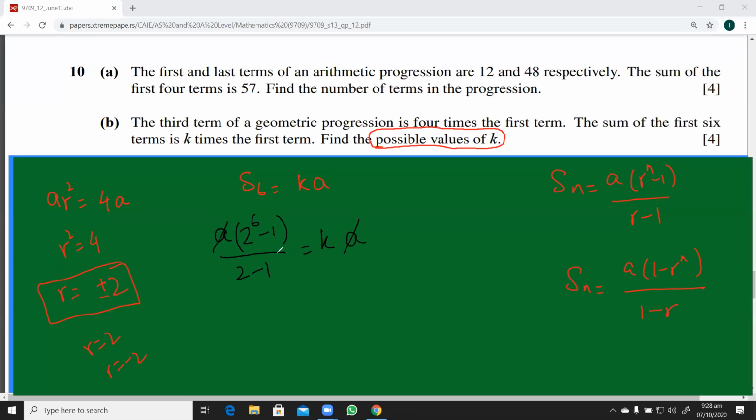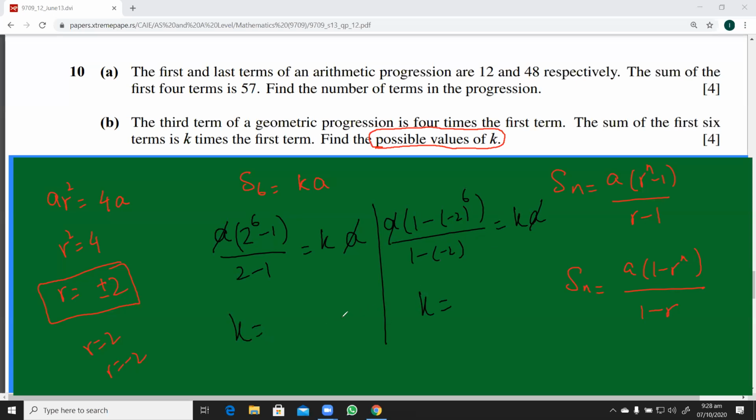So this is going to be the first value of your k. And secondly, again a into 1 minus 2 raised to power 6 over 1 minus 2, that is ka. Again, the a's will cancel and you will have to use your calculator to find these two values of k.